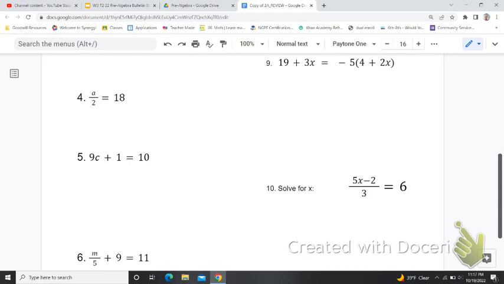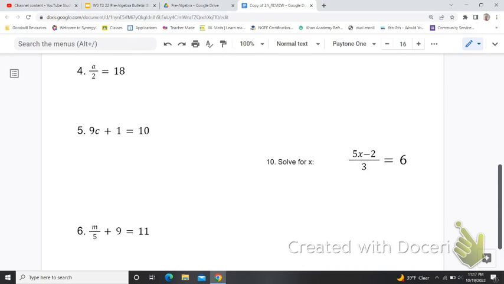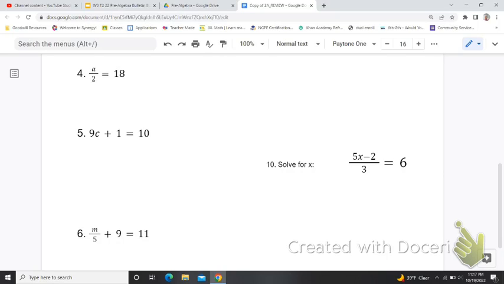So number 4, we see a fraction. A fraction indicates division. And so the opposite operation of division, yes, is multiplication. So I want to multiply by what's in the denominator. So both sides are getting multiplied by 2.